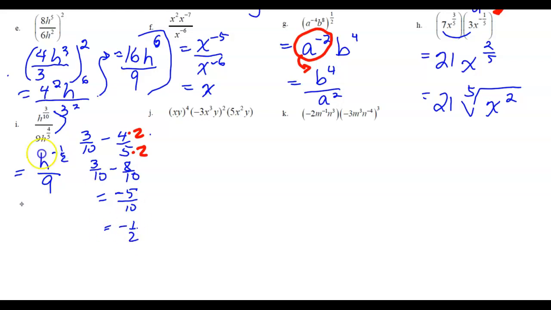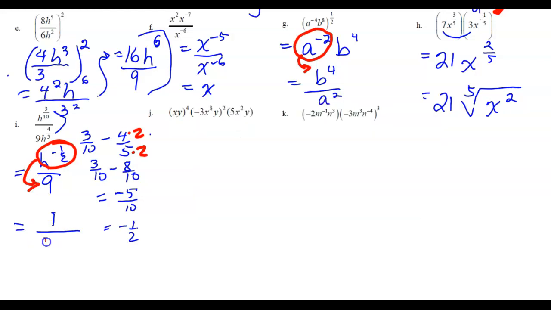Now, if it's -1/2 in the numerator, then this is going to end up being a 1 in the numerator, because we have to bring this down. And the 9 doesn't flip back up. The 9 is already in the denominator.